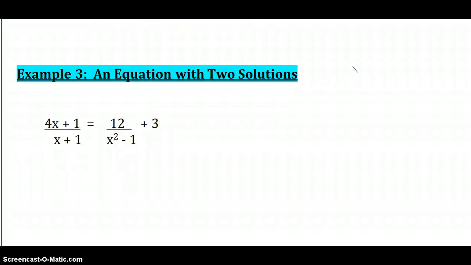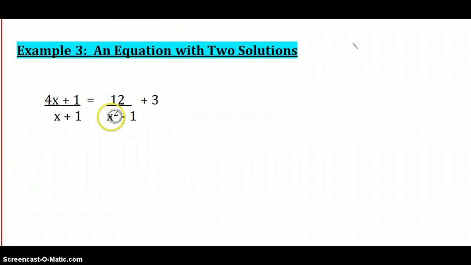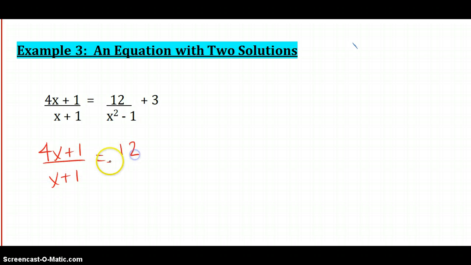This next one you're going to see right away that one of our denominators we can factor. Once again, if you can ever factor first, factor first. So we have 12 over, this is the difference of two squares, x squared minus 1 factors to x plus 1, x minus 1.